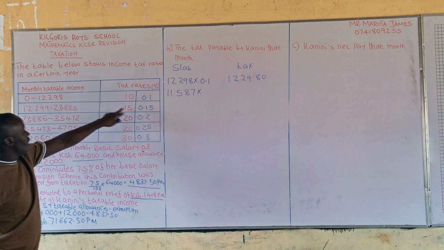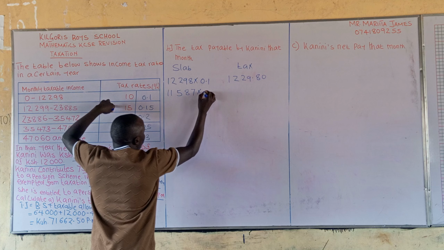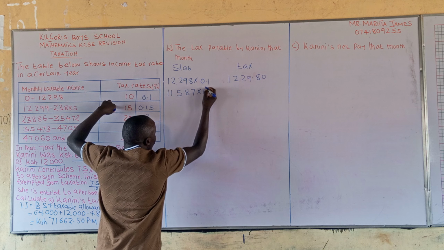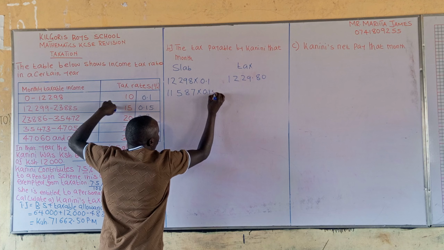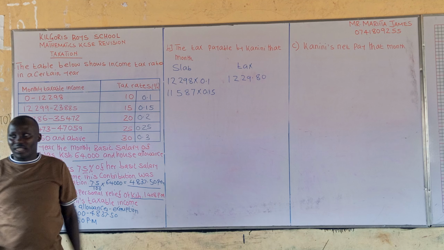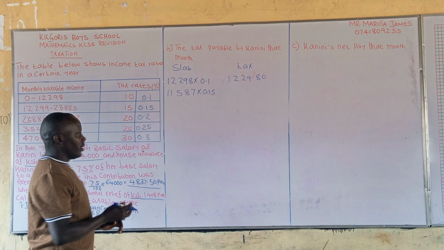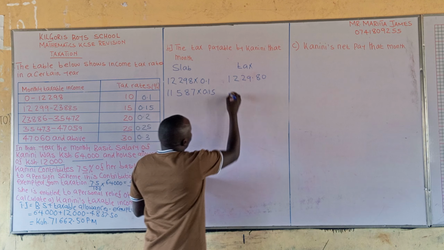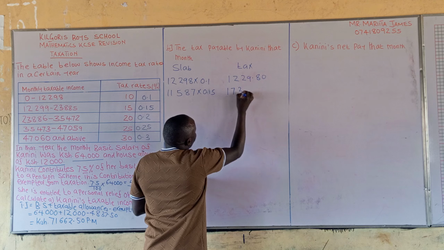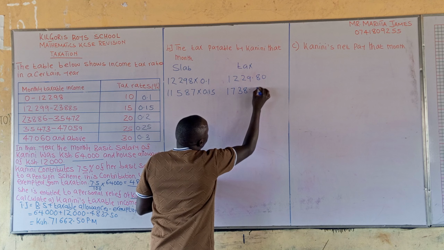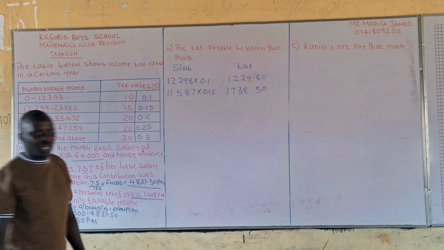The rate given here is 15%. So you multiply that by 0.15, and you will get the tax paid there as 1,738 and 50 cents. That is the tax paid on that slab.